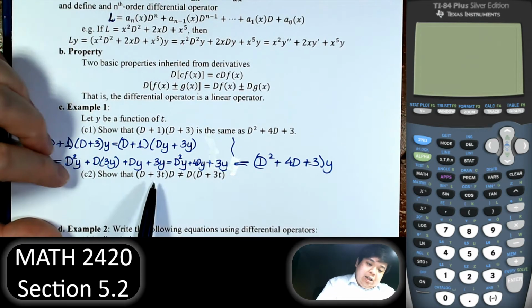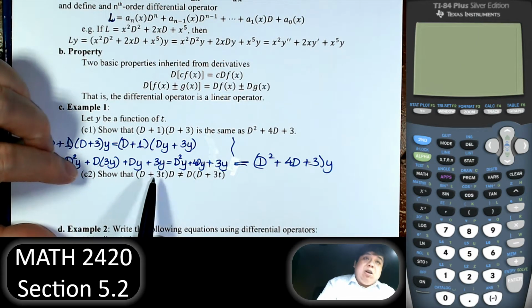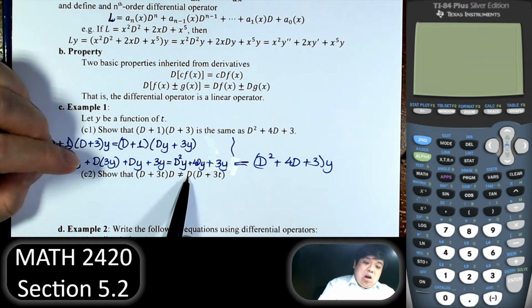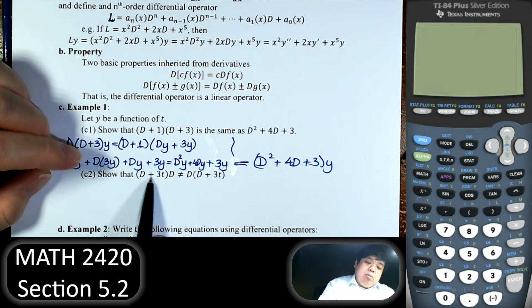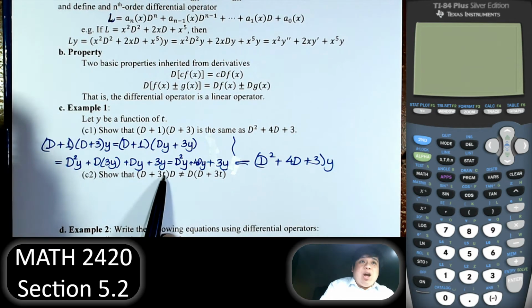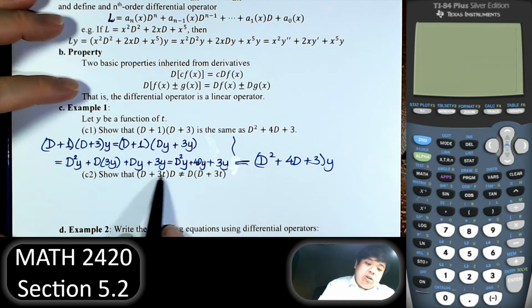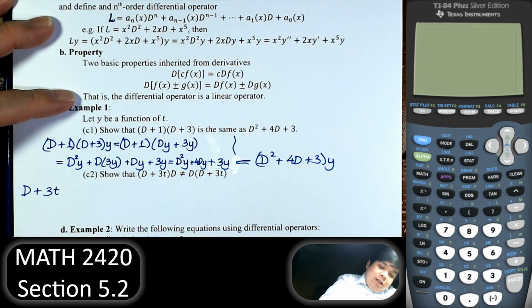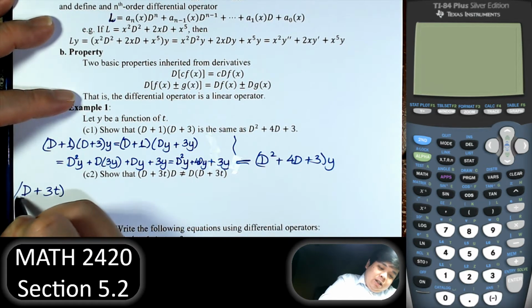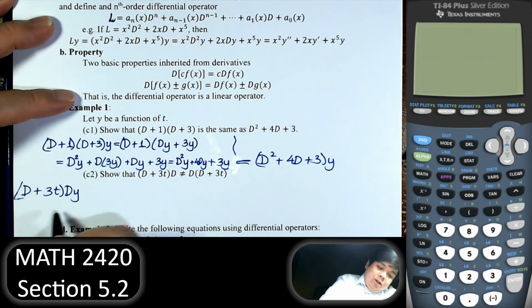Now, (D plus 3t) times D is not equal to D times (D plus 3t). Of course, if we multiply it out treating D as a variable, it will not be correct. Let's look at the left hand side: (D plus 3t) D y.